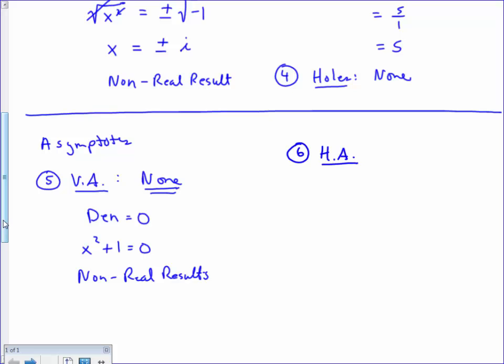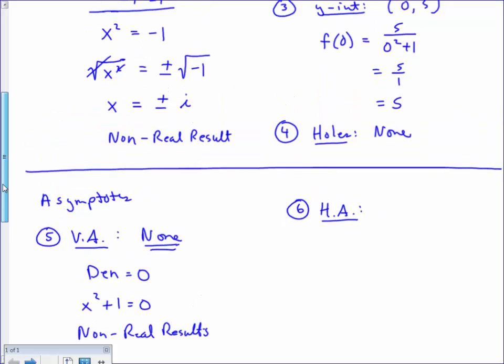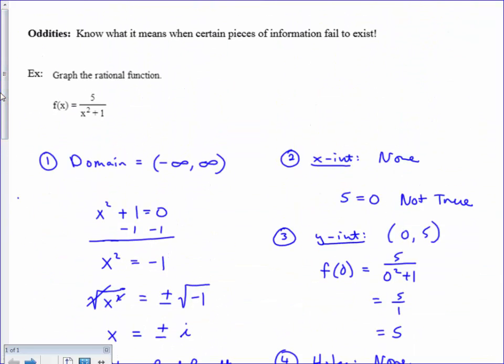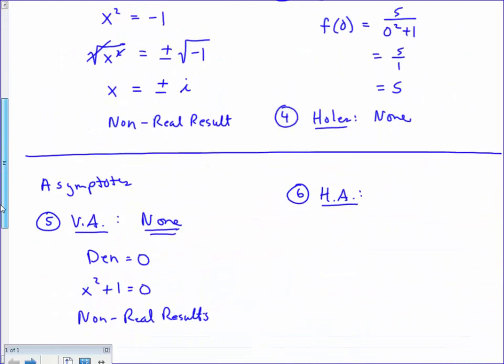All right, next thing, horizontal asymptotes. Well, horizontal asymptotes depend on the degrees of my original polynomial. So let's go back up and look. In the top, degree of the numerator is equal to 0 since there are no x values, and then degree of the denominator is equal to 2. Well, if degree of the denominator is larger than degree of the numerator, there's a horizontal asymptote automatically at y equals 0.